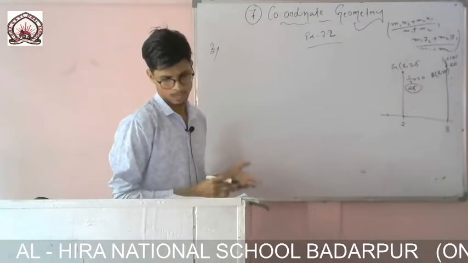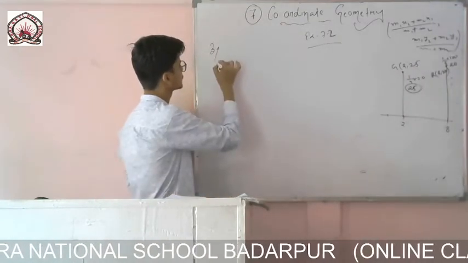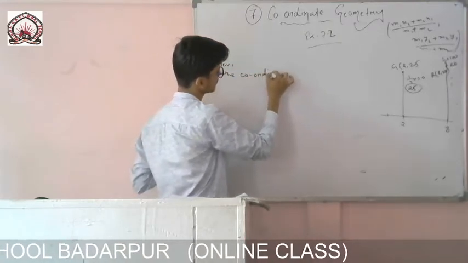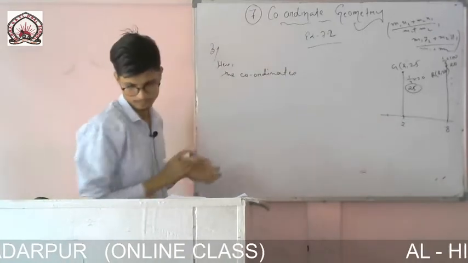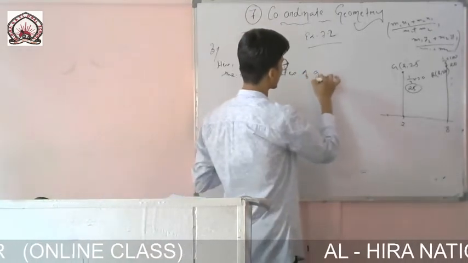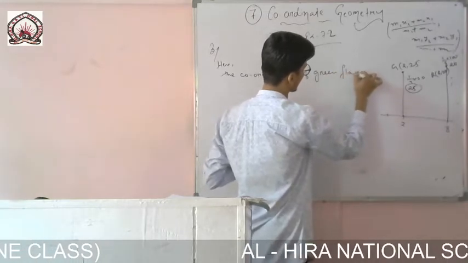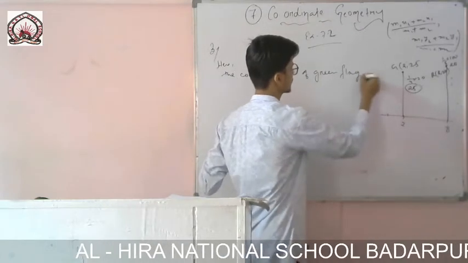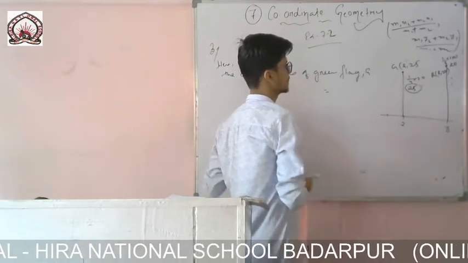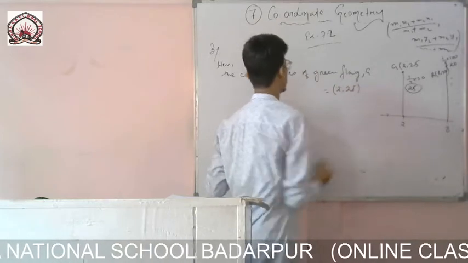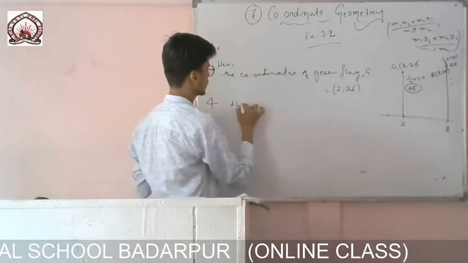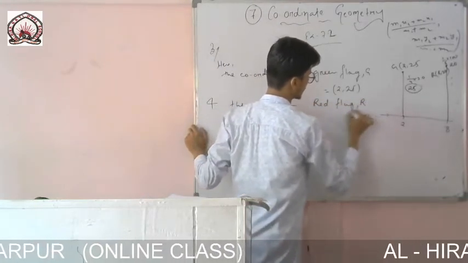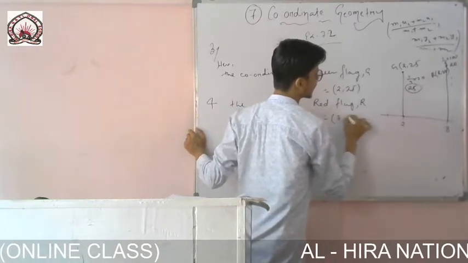Now we'll write here the coordinates of the green flag. You write it by letter G: G equals 2 comma 25, and the coordinate of the red flag, capital letter R, is 8 comma 20.